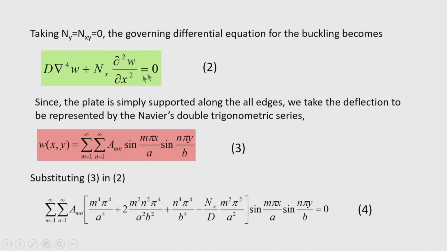So, naturally at x equal to 0 and x equal to a, or y equal to 0 and y equal to b, the bending moment vanishes. So, this condition is exactly satisfied by Navier's double trigonometrical series. So, we take it as a solution of the differential equation of the plate for buckling.